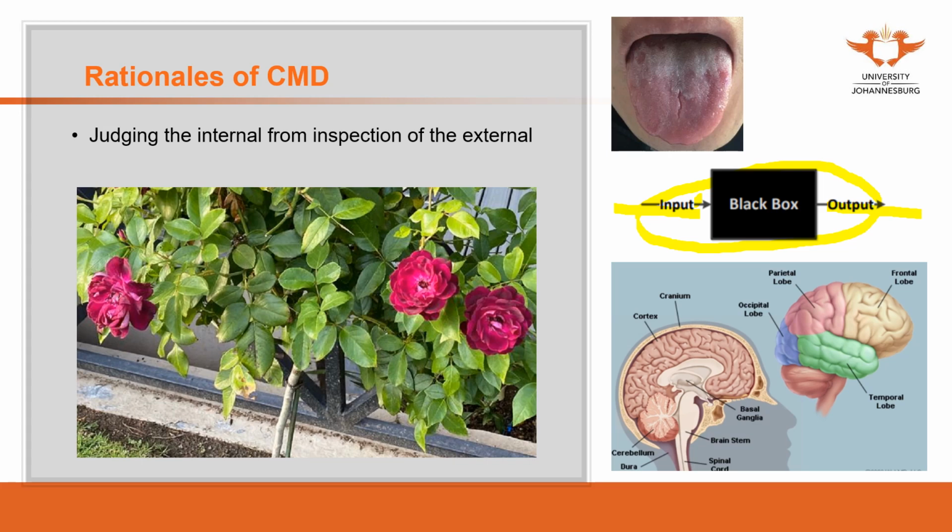This is very similar to our theory. In Chinese medicine, we mostly use this kind of theory to diagnose. Because if you want to open the black box, this is very similar to anatomy. We want to understand our human body from the anatomy. That's initially how we understood our human body.